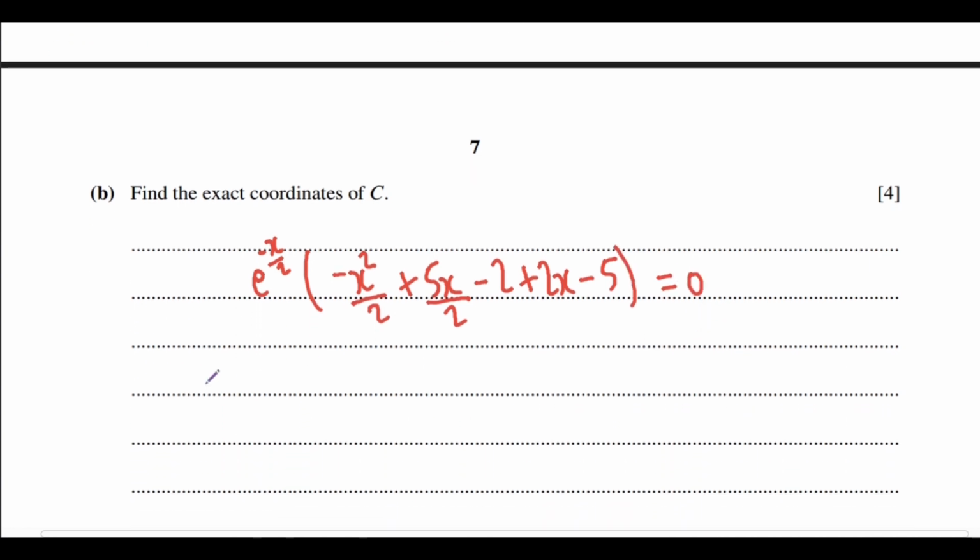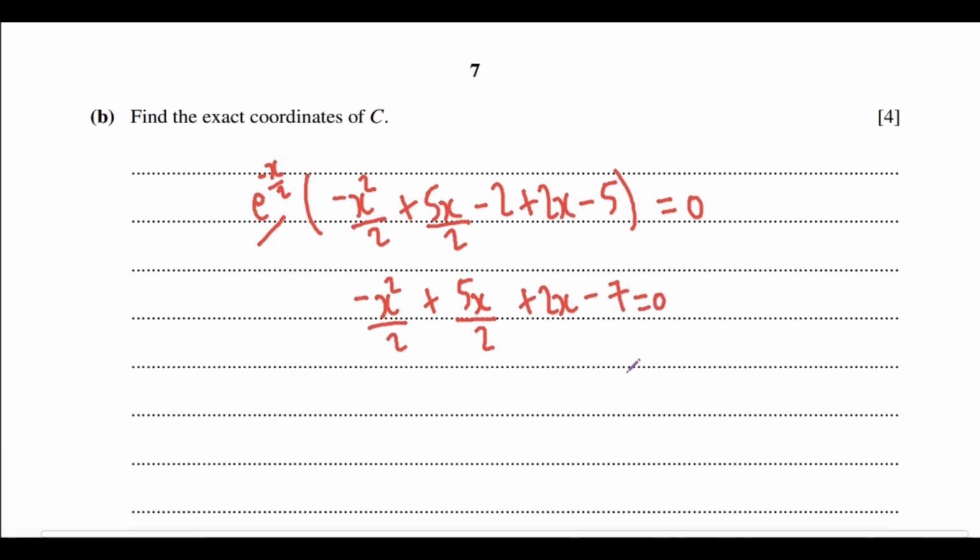Well, once again, either this bracket is equal to 0 or this is equal to 0. Well, this is never equal to 0. Again, in the logarithms video, you will see why. So you're left with negative x squared over 2 plus 5x over 2 plus 2x, and then minus 2 minus 5 is minus 7, equals 0.